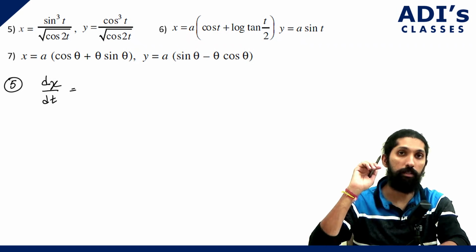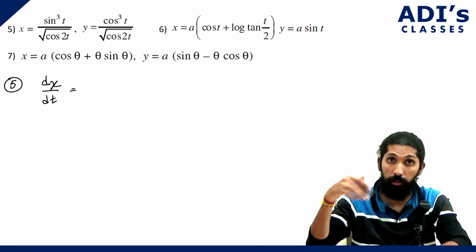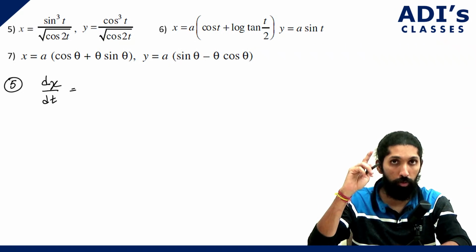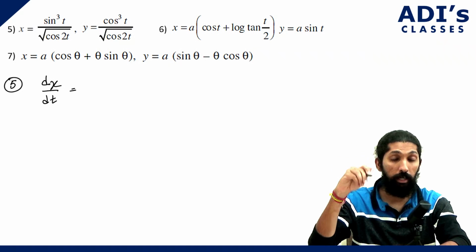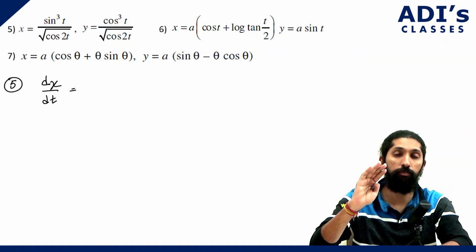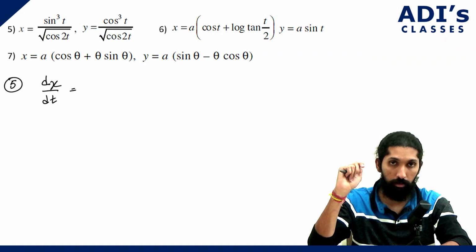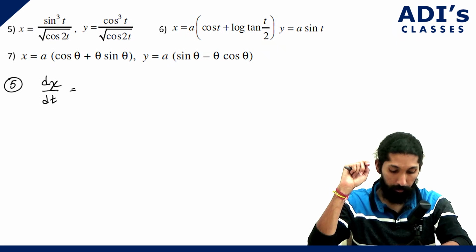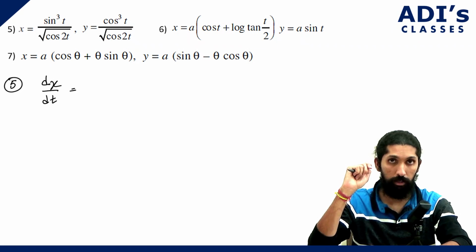Now, there are multiple methods of solving this one. I will show you one of the methods, just to make you understand. That's all. Right? See, sine cube t divided by root of cos 2t, and same thing for cosine. Correct?